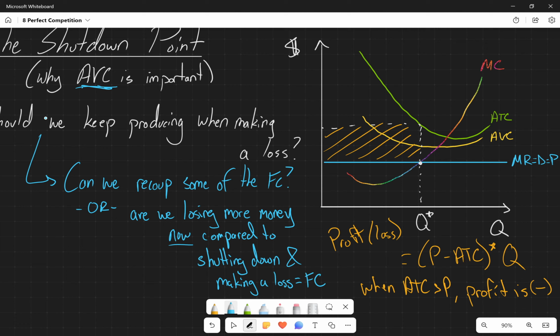But if this is below where the average total cost curve crosses the marginal cost, right, then we're better off shutting down. So this is telling us that if we stayed in operation here, we'd be losing, let's say, $800 instead of losing the $600 for our fixed costs.